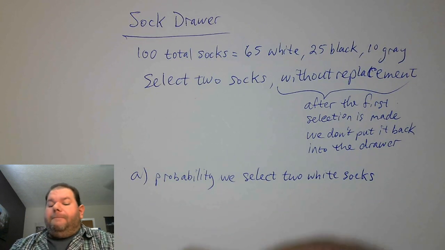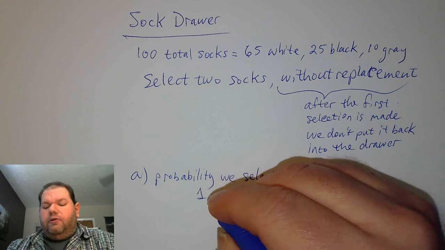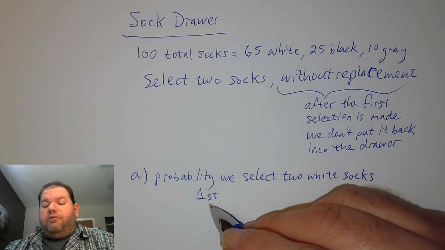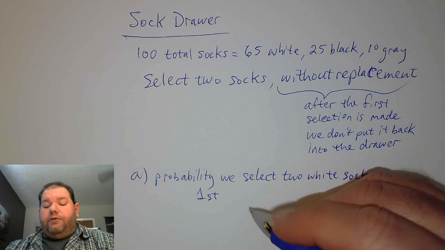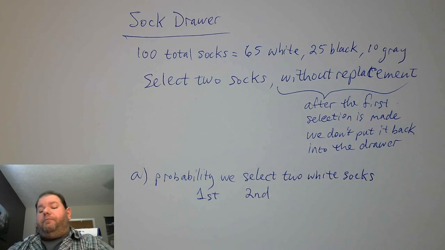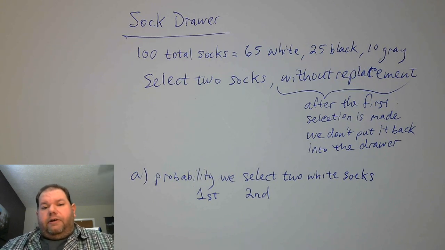Okay. Now we break this down into 2 different probabilities. The probability we get a white sock on the first try, and the probability we get a white sock on the second try. Now, we have 100 socks in the drawer. What's the probability that we choose a white sock?